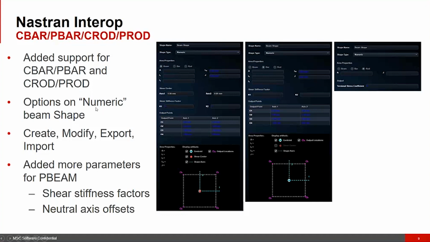And under that one, you have the ability to create, modify, export, and import the C bar, P bar, C rod, and P rod. In addition to that, even in the P beam element card, you can manage the shear stiffness factors and neutral axis offsets, so that you can visually locate where it is and modify, etc. And that is what is being introduced in SP1.